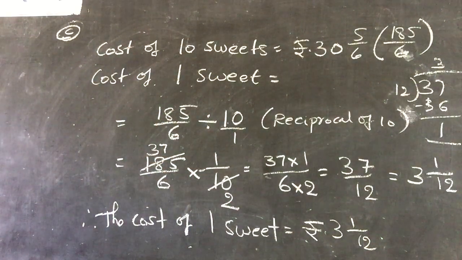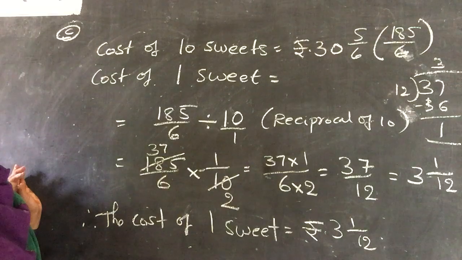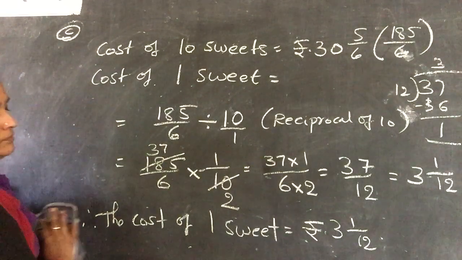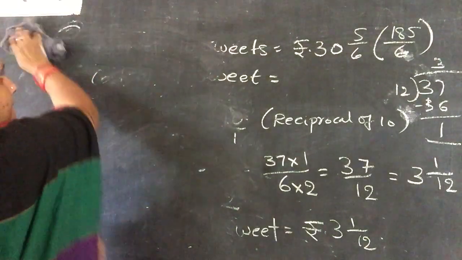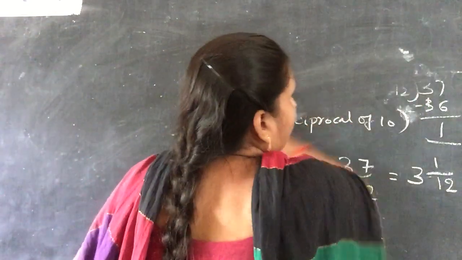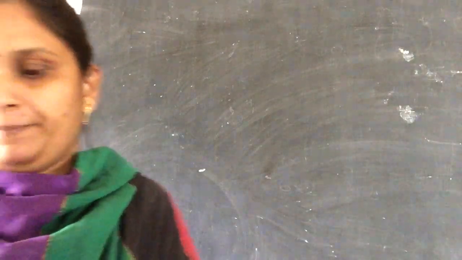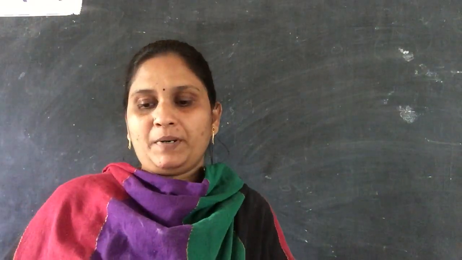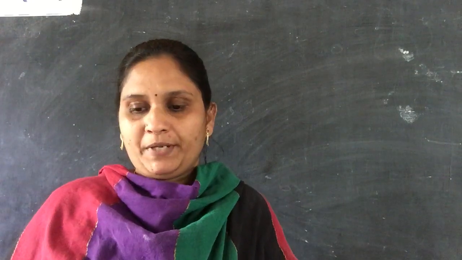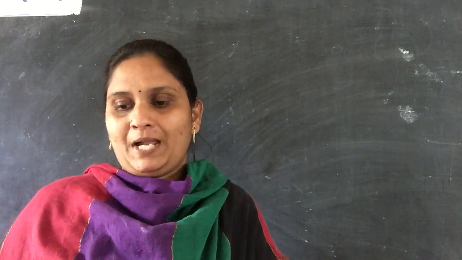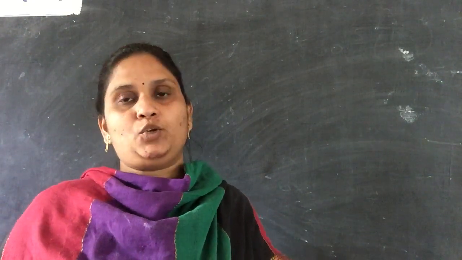Okay, next, D. D completed. E. Find the sum of the products of 2 1/2, 3 1/2 and 1 1/5, 3 2/4.